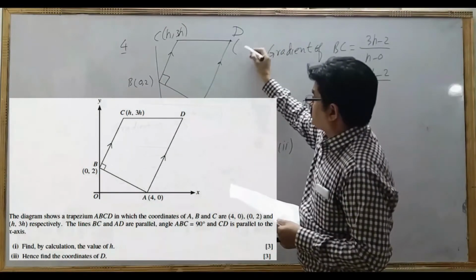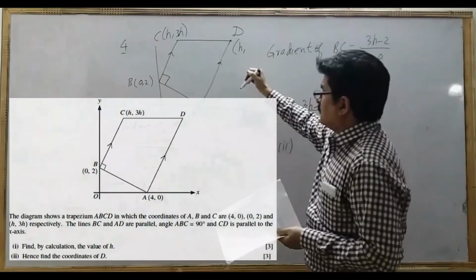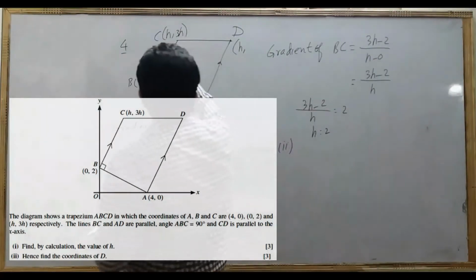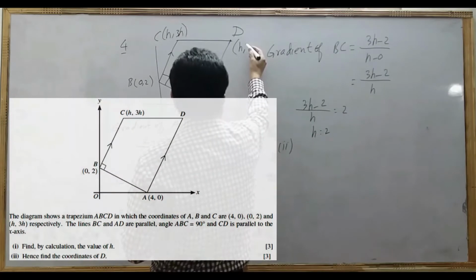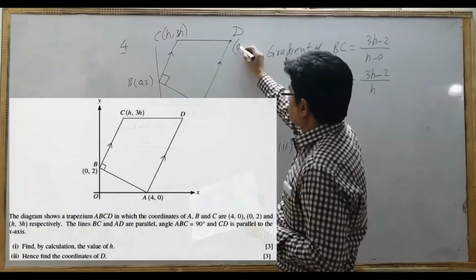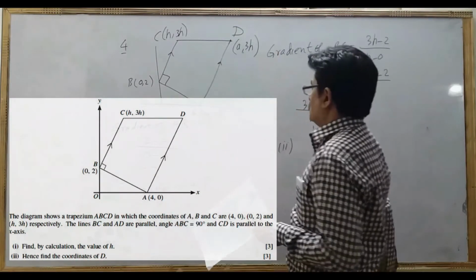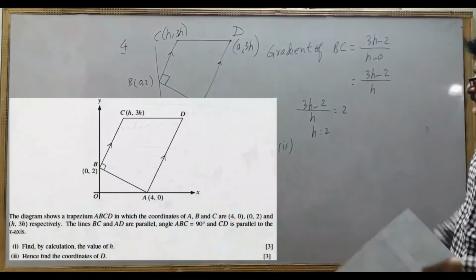So the D point has the same y coordinate. For the point D, we have a different x coordinate, but the y coordinate is 3h.